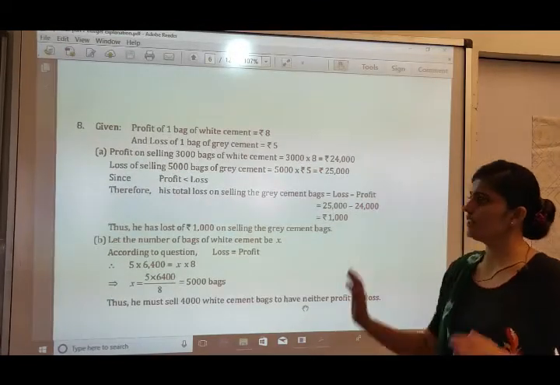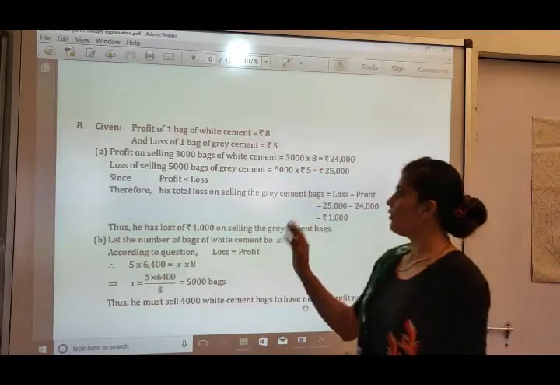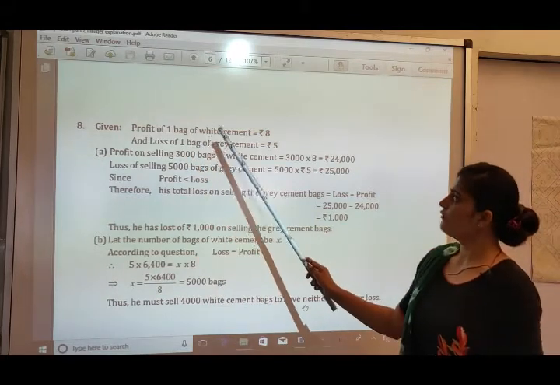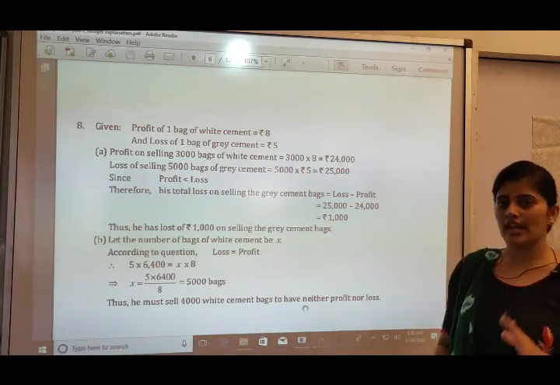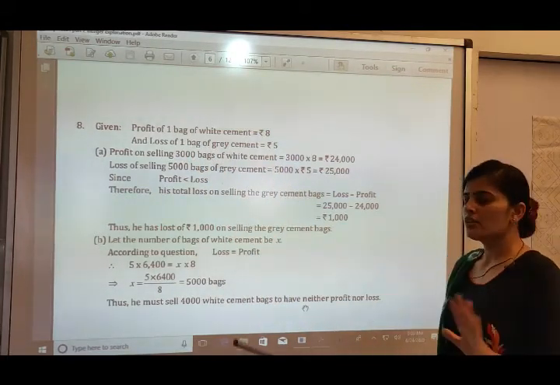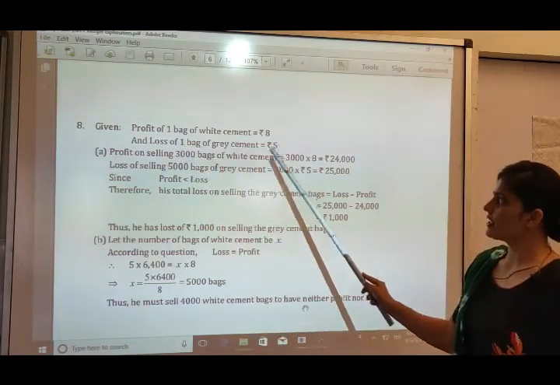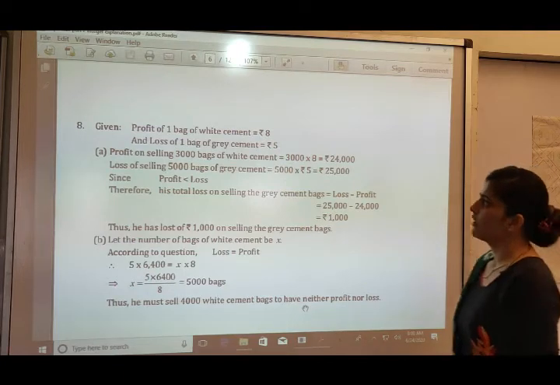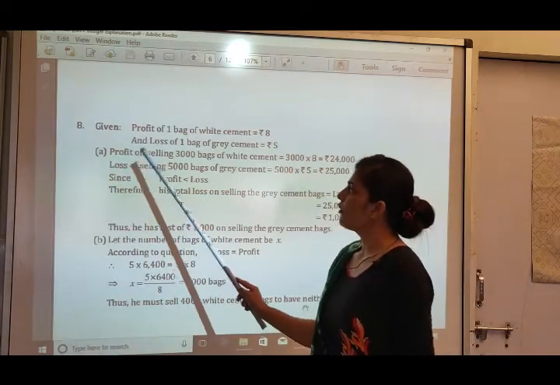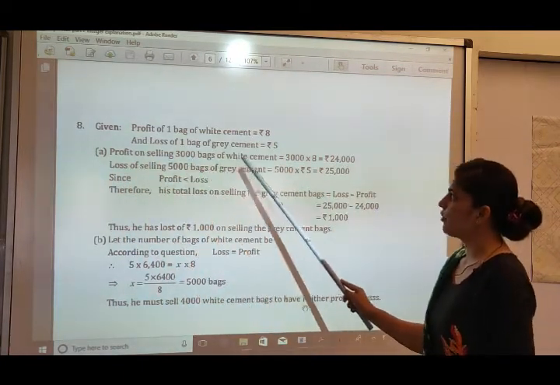Here see what is given, that we will write down first. Profit of one bag of white cement is equal to rupees 8. This is already given in the question. And loss of one bag of grey cement is equal to rupees 5. First for A, profit on selling 3000 bags of white cement.